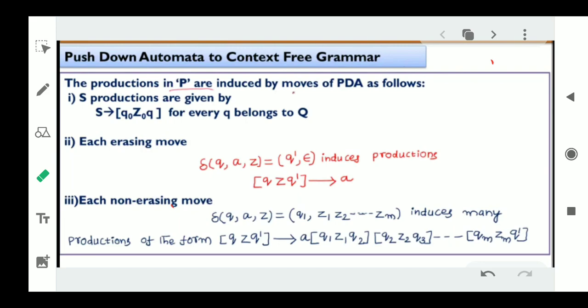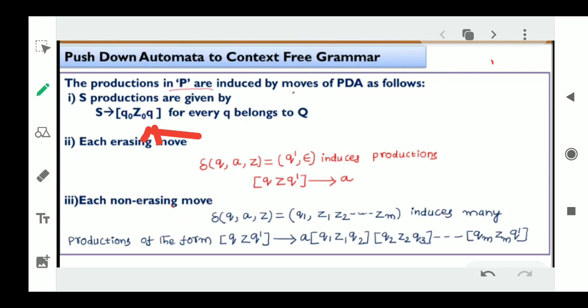Once again, I am repeating. First one is, for all the given states in the PDA, please observe how many states are given. If two states are given, like Q0 and Q1, we have to substitute Q0 and Q1 individually in the place of the last Q in this equation.